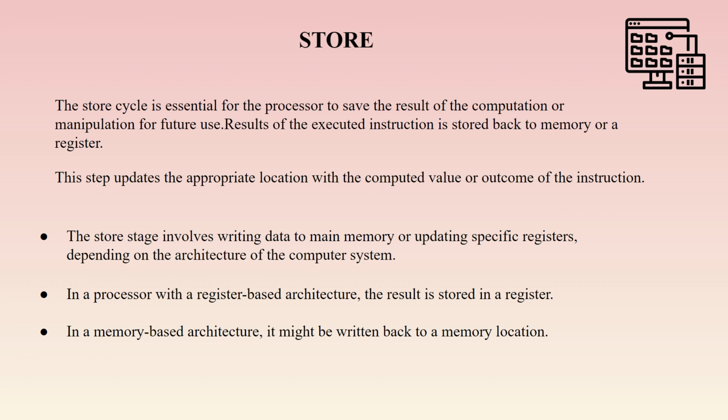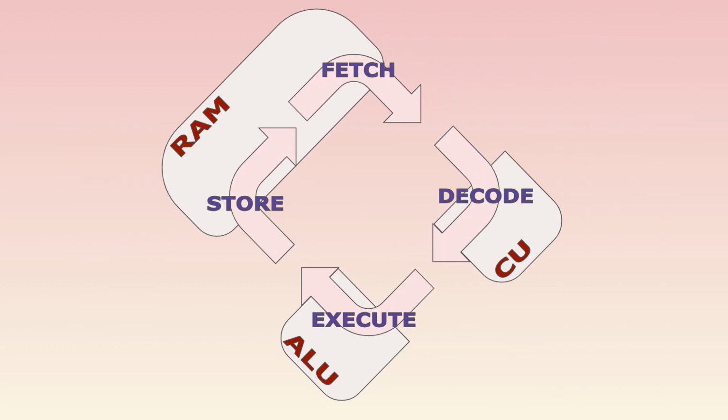The store stage involves writing data to main memory or updating specific registers depending on the architecture of the computer system. In a processor with a register-based architecture, the result is stored in a register. In a memory-based architecture, it might be written back to a memory location. This is the view of the map of all the above stages. Have a pause as it clears the picture.